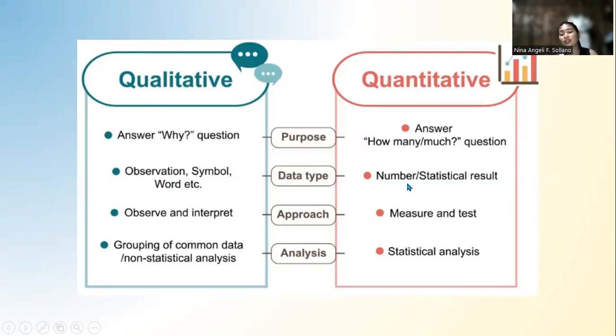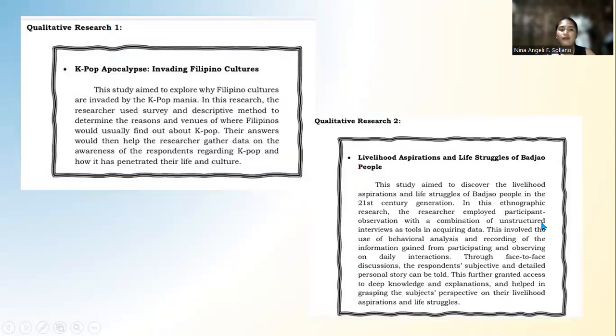In quanti, numbers and statistical results. In quali, the approach is observing and interpreting. In quanti, you are to measure and conduct a test. Next, the analysis. In quali, you are to group common data and do non-statistical analysis. In quanti, again, statistical analysis.